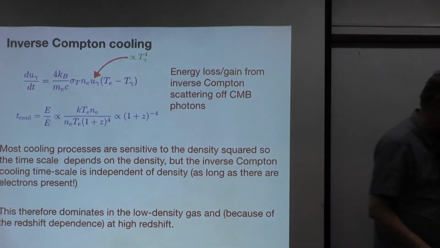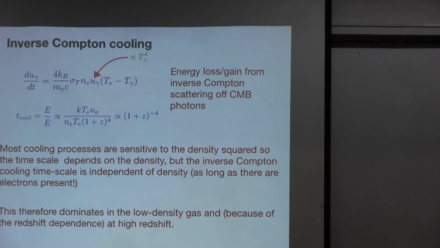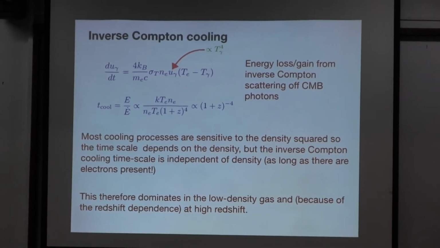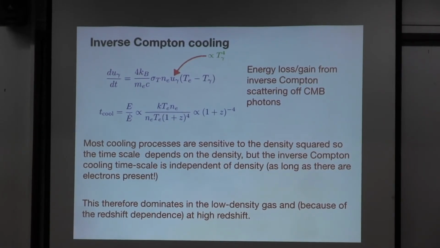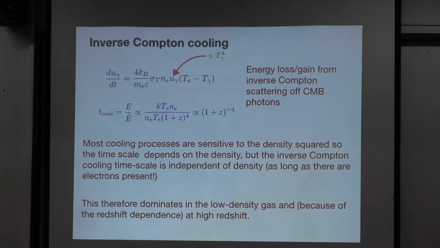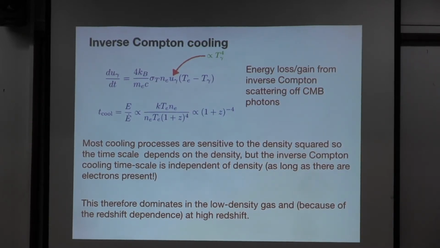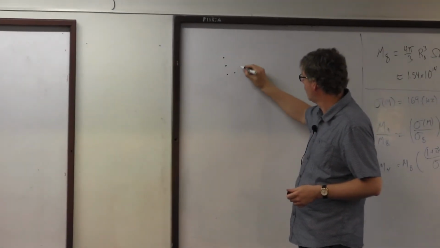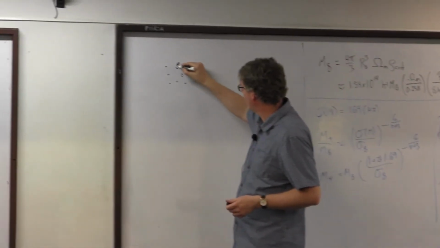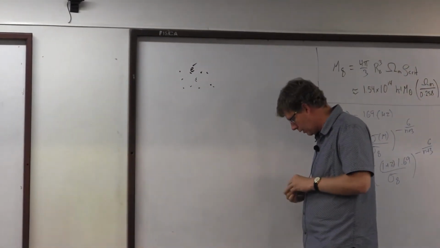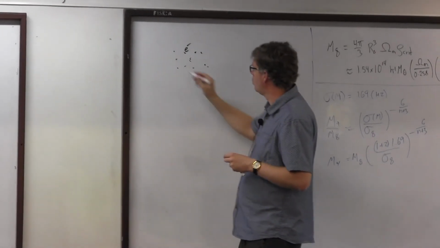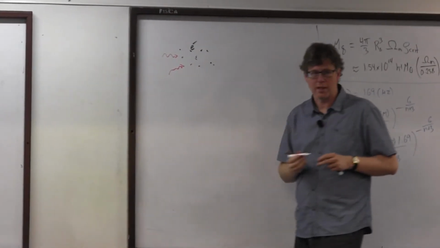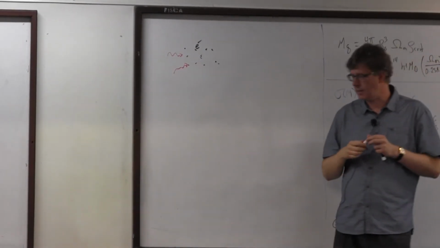So the next cooling is now on bigger scales, because that also matters. What we're going to talk about now is the role of inverse Compton scattering. This is basically a situation where you have a gas with lots of electrons, and you have photons getting into this gas.